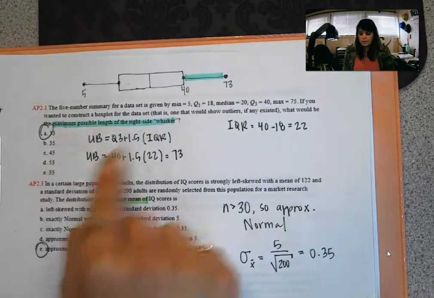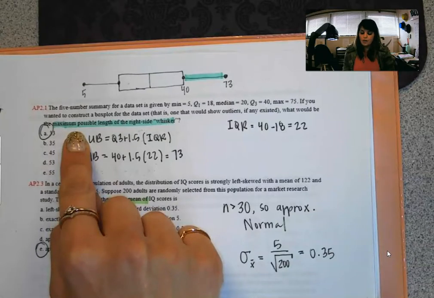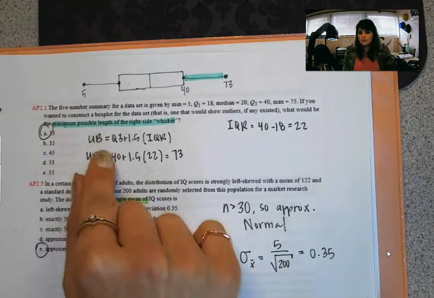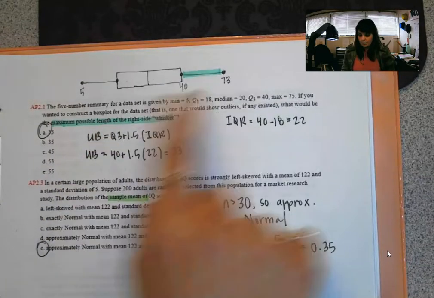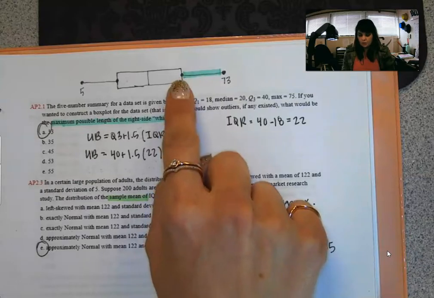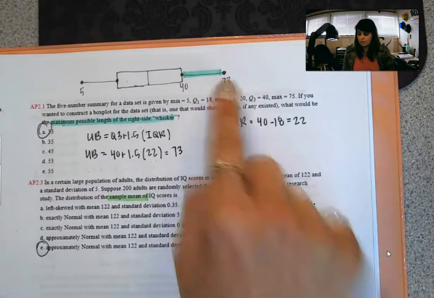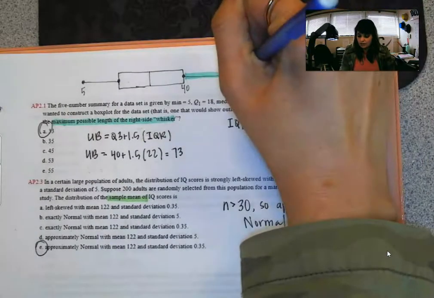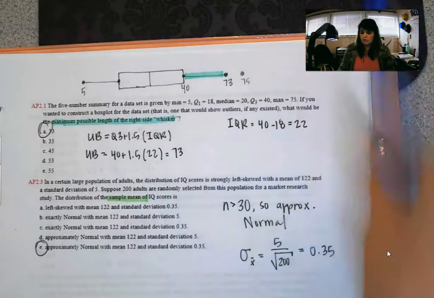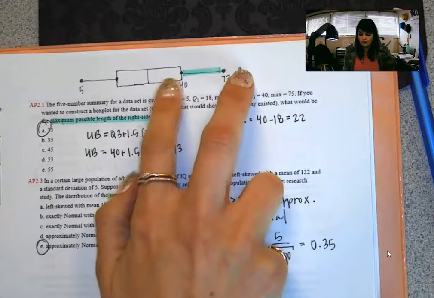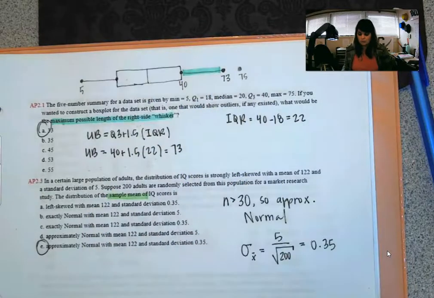So then I went back and reread it and was like, oh, they want the length of the whisker. So that means they want the length between quartile 3 and the maximum value. Because now we know that 75 is out here and it's an outlier. So we don't consider him, we just find the length between those two numbers.